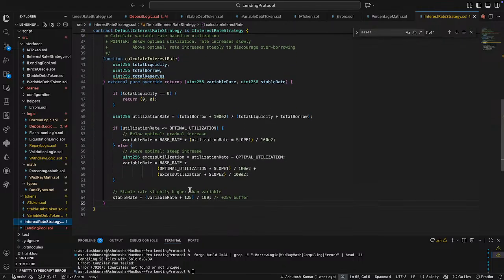Variable rate, stable rate, total liquidity, total borrow, total reserve.